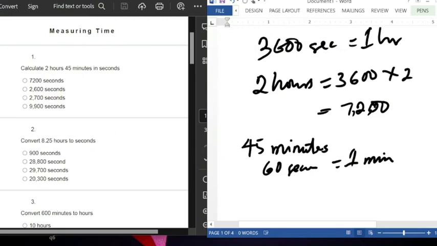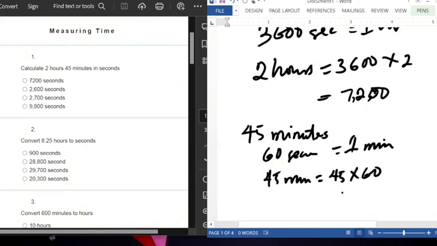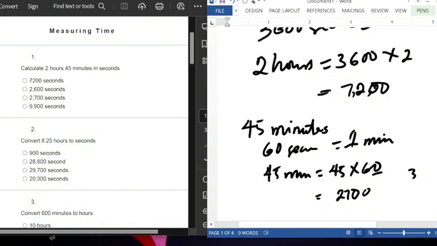So that means 45 minutes will be 45 multiplied by 60. So we calculate that. 6 times 5, that is 30, carry 3. 6 times 4, 24, plus 3, 27. Then we add the last 0 here, that is 2,700.